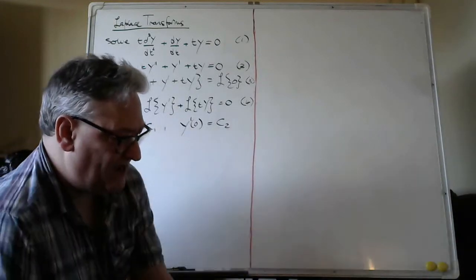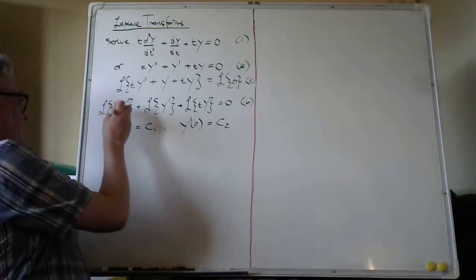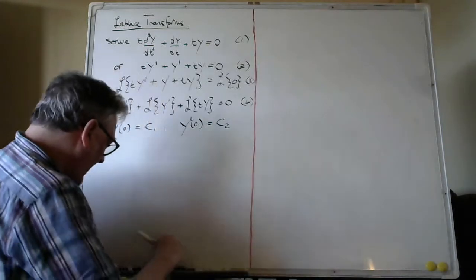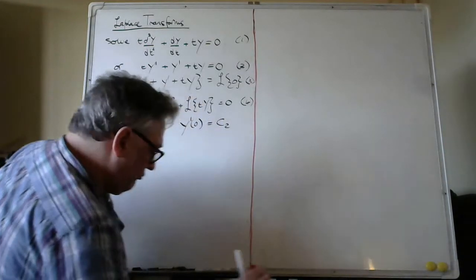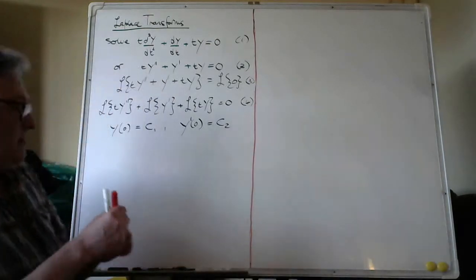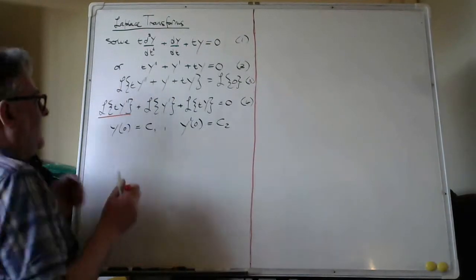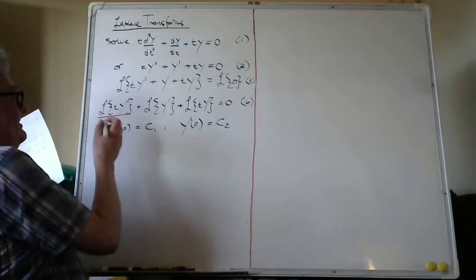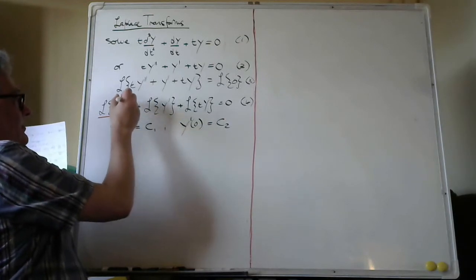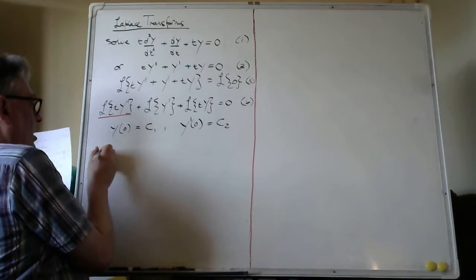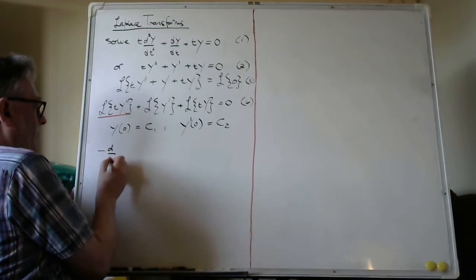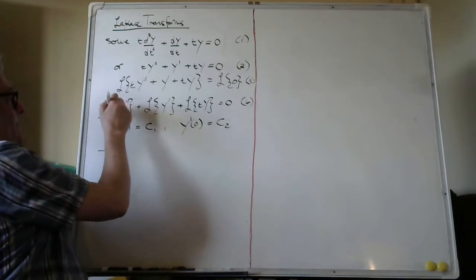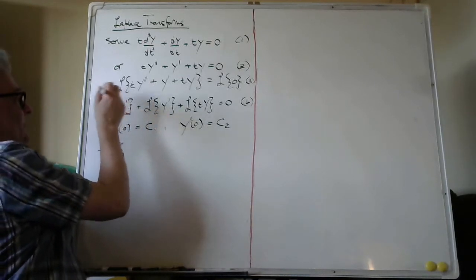Now, it turns out that when we take the Laplace transform of that, we get a negative derivative of the Laplace transform of y double prime. So we get minus d by ds of, because as you can see, there's a coefficient of t there. That's what makes all the difference.